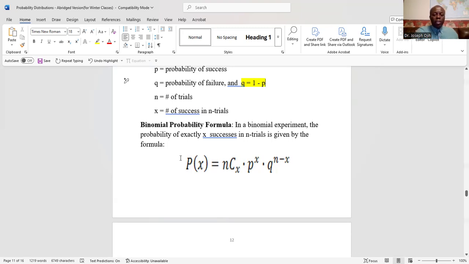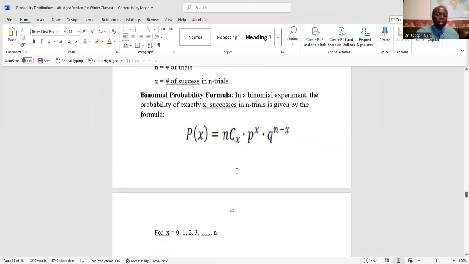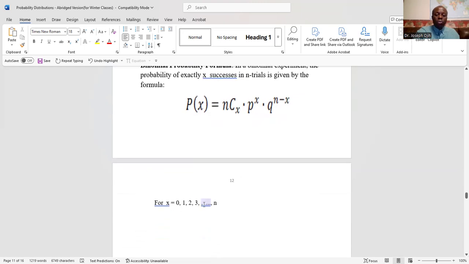Or you can use this formula: P of X equals N combination X times P to the power X times Q to the power N minus X. You should remember this part, NCR, from the video I told you to watch about counting rules. You can get it with a calculator or using the formula. For this, we will use the calculator to get N combination X, for X equals 0, 1, 2 up to N. Another way is to use Excel.